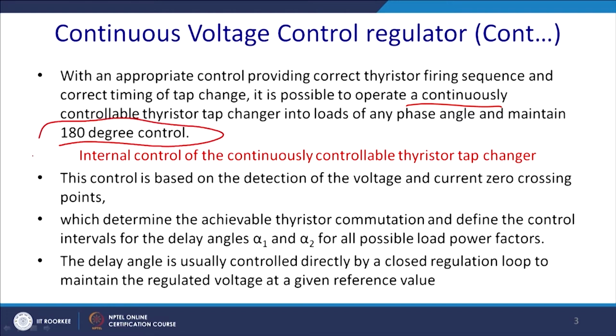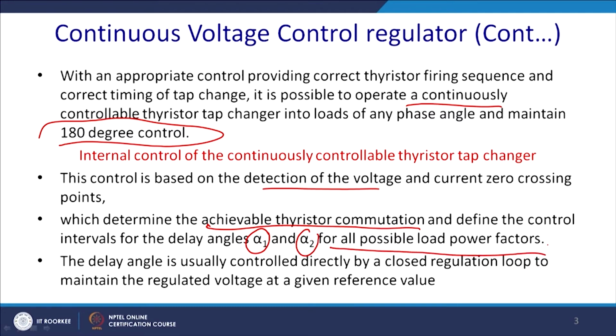The internal control of these continuously controlled thyristors will be discussed now. This control is based on detection of the voltage and the zero crossing point of the current, because here the current will lead the voltage, which determines the achievable thyristor commutations and defines the control interval for the delay angles alpha 1 and alpha 2 for all possible load factors.